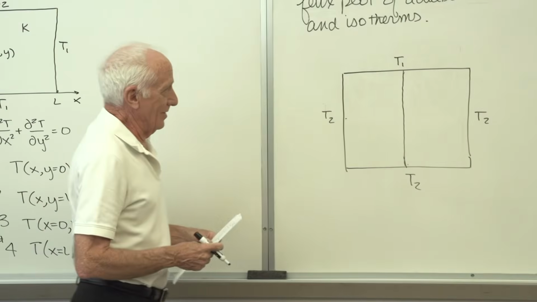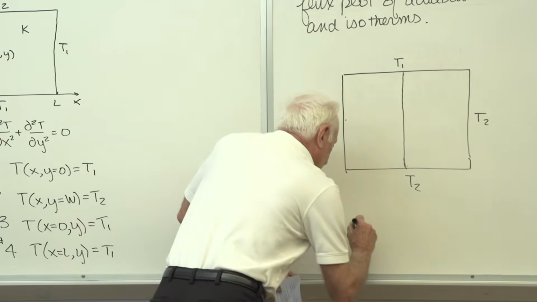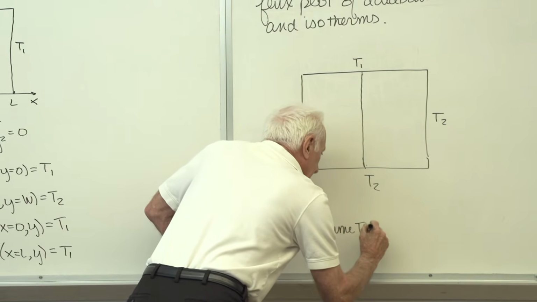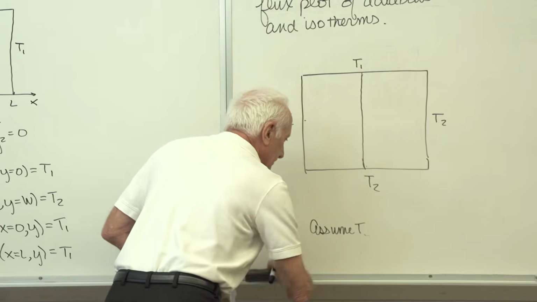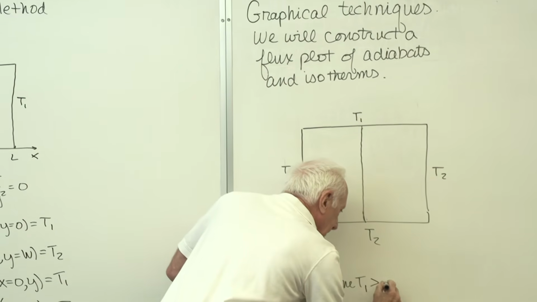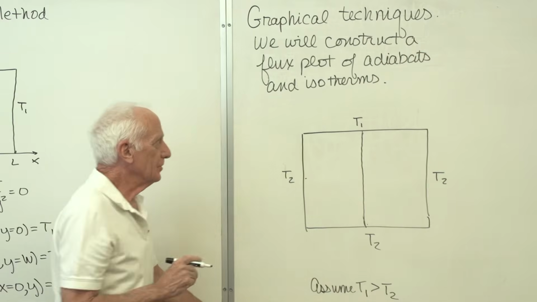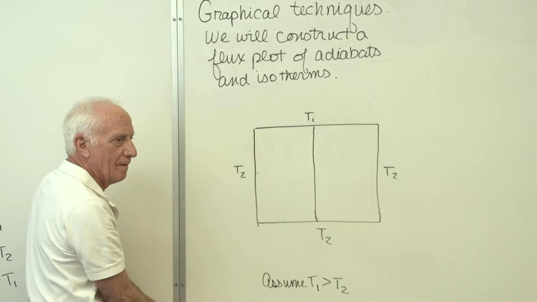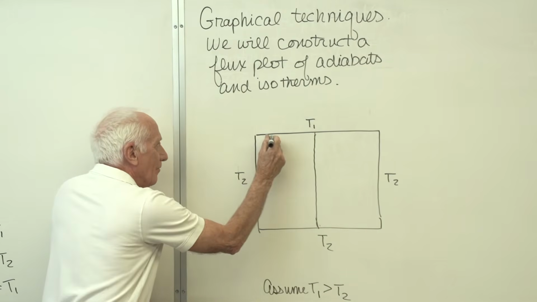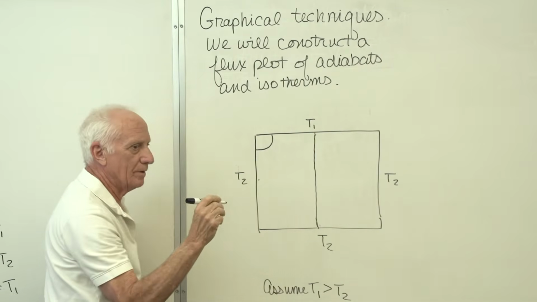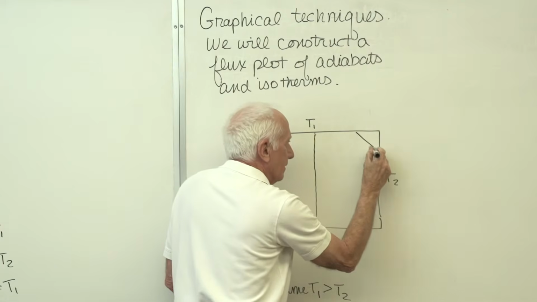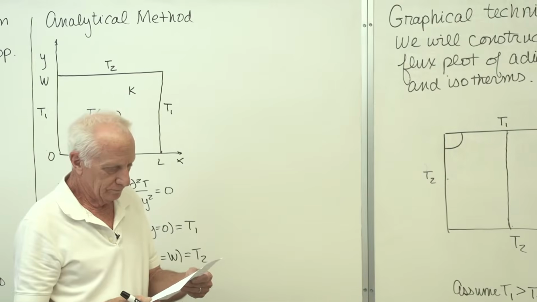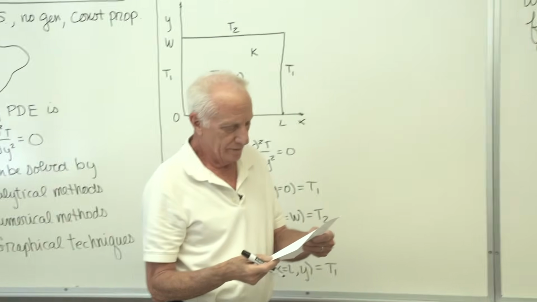All right, now I'm going to assume that T1 is greater than T2. So in this corner over here, upper left-hand corner, if T1's hot and T2's cold, I think it's going to go right around that corner. Now don't do this. No, that's wrong. Rule 4.